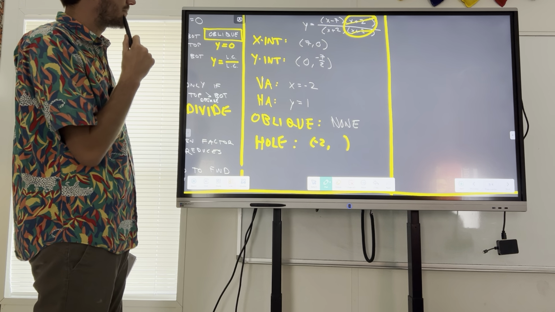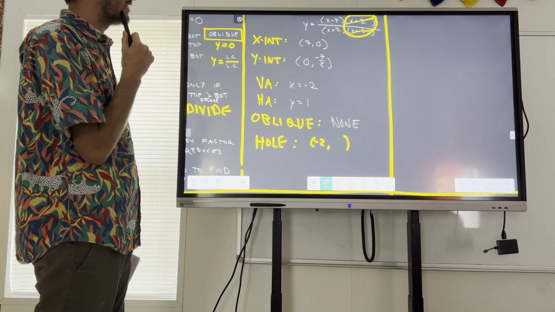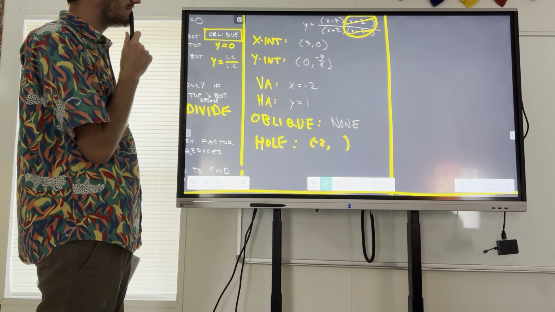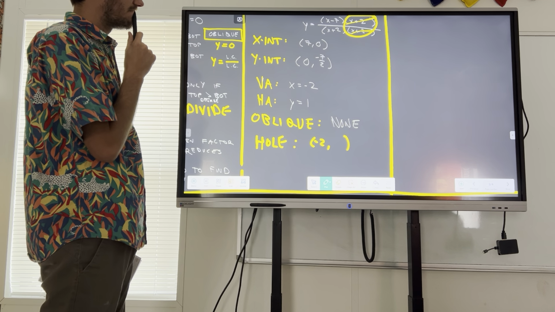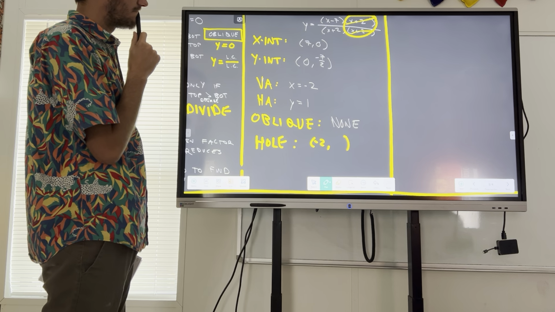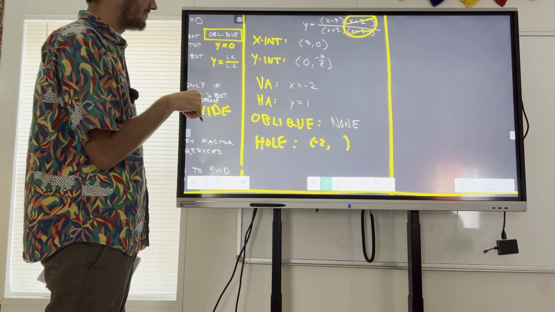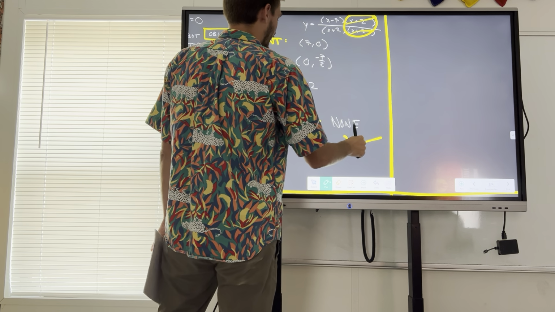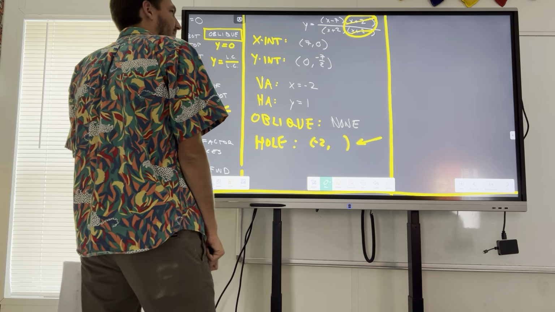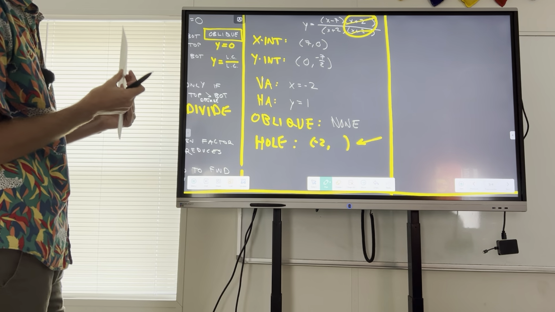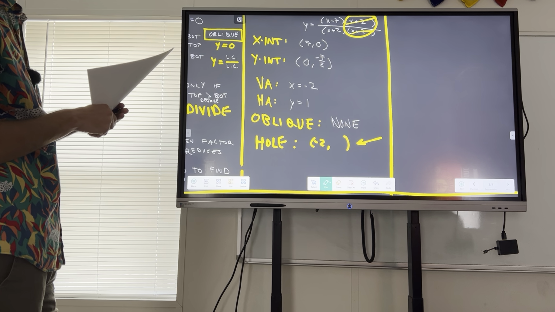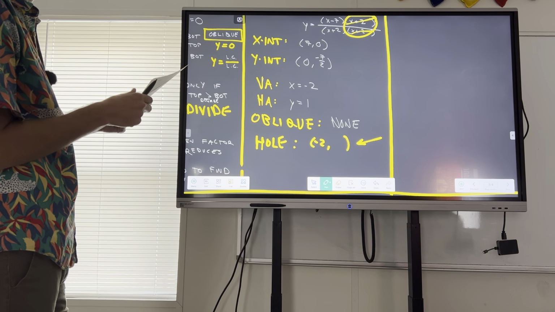Now, how would this look on our graph? I don't know that this would be something. Plugging it back in, it doesn't work. I don't know. We won't have a question like this. I'm trying to think if that would work on a question like this. Vertical asymptote, you would just go right through it.